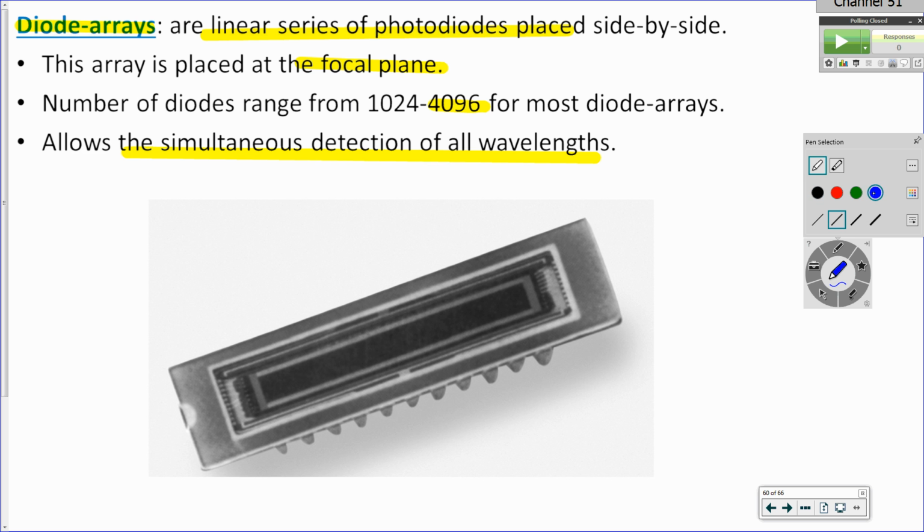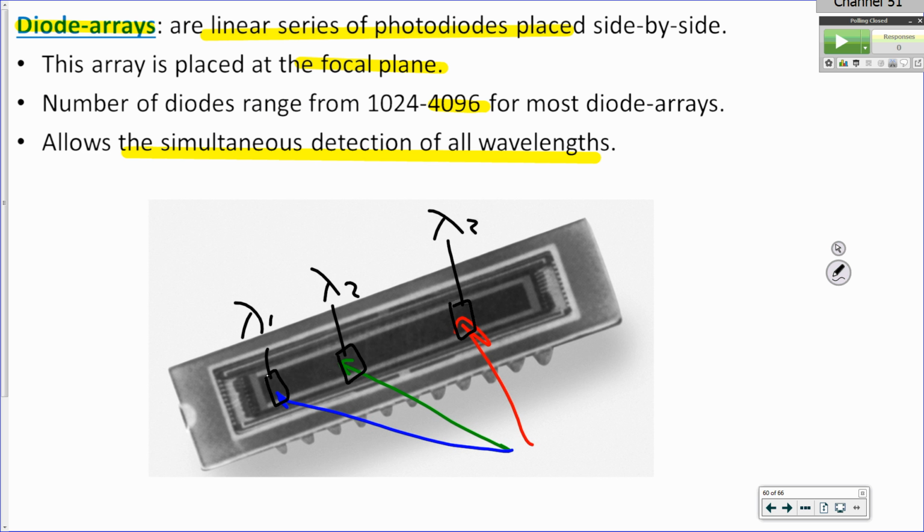So you go into your wavelength separator, and you separate every different wavelength of light. It's going to strike at a different point on the diode. It knows that this is what wavelength it is. This is wavelength 1. This is wavelength 2. This is wavelength 3. It knows where to look in this linear region, and you can see all these things as quick as it can go, click, click.